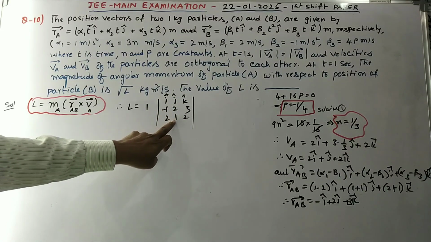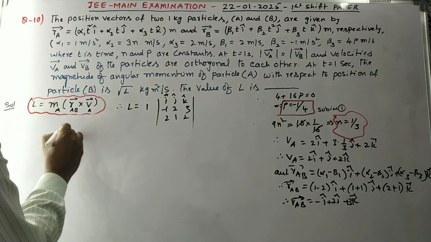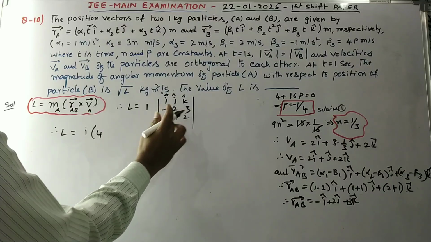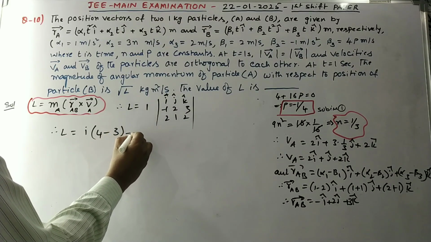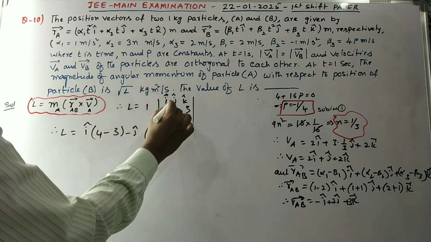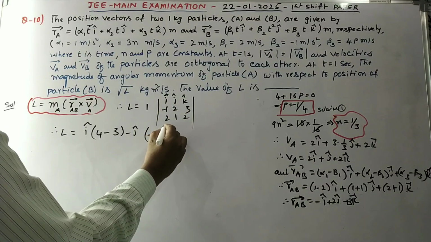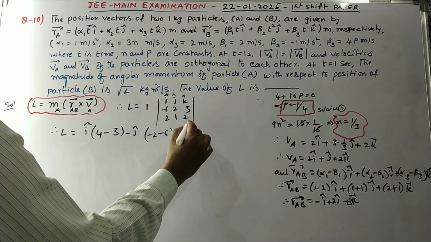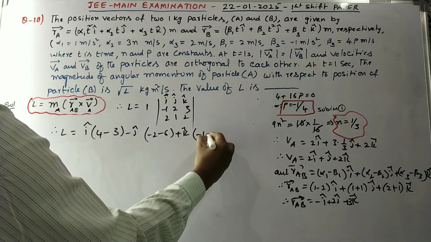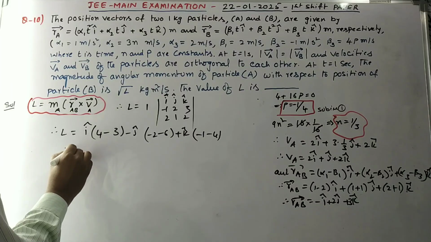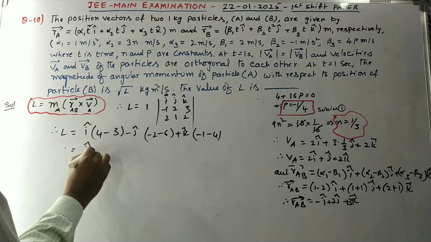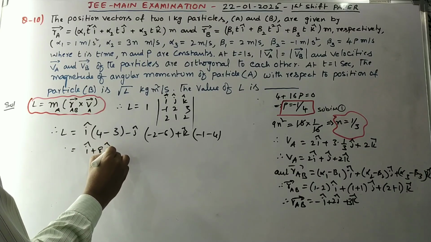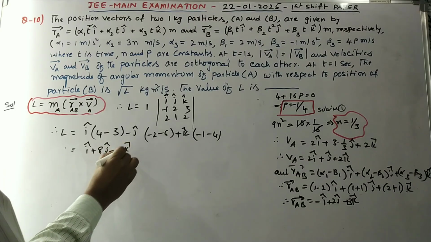Right. Next is the velocity vector 2 1 2. Therefore L is equal to i into (2 2 4 minus 3) minus j cap into (minus 2 minus 6) plus k cap into (minus 1 minus 4), which is equal to i cap minus 8 minus minus plus plus 8 j cap minus 5 k cap.